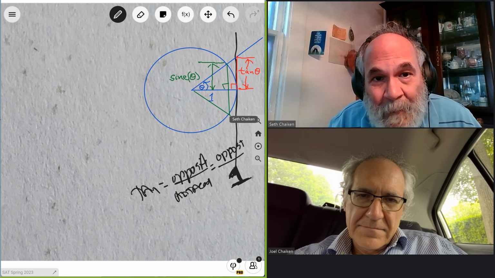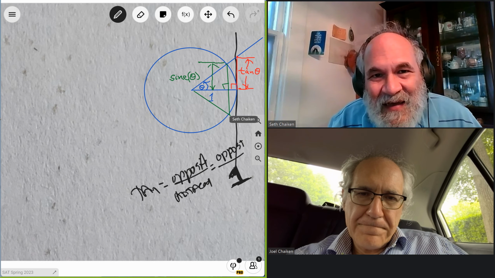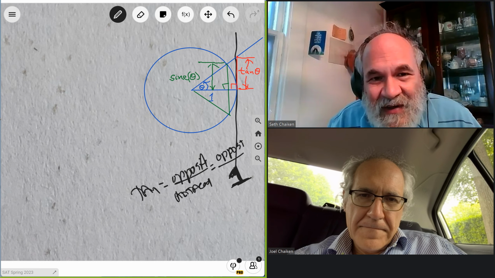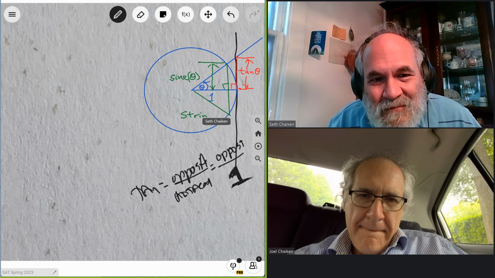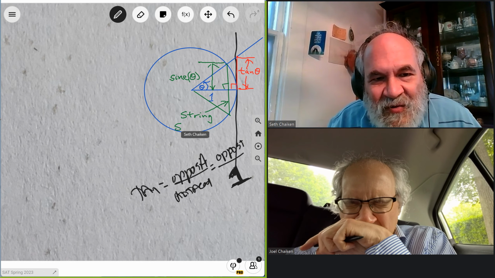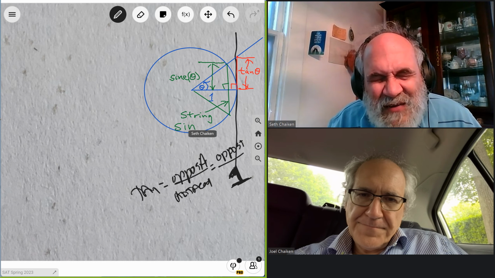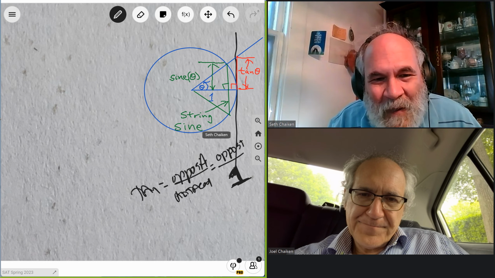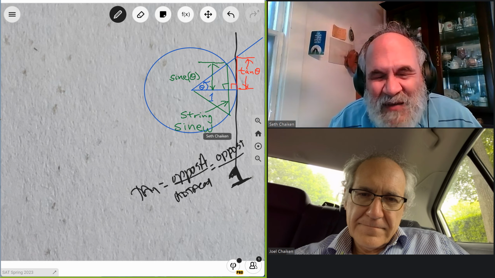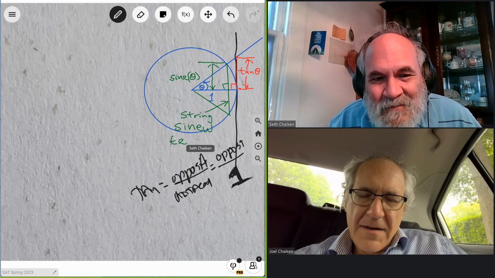Here's our bowstring. And our bowstring is a string, also known as a sinew. How do you spell sinew? E-W, I think. A sinew, or a tendon.